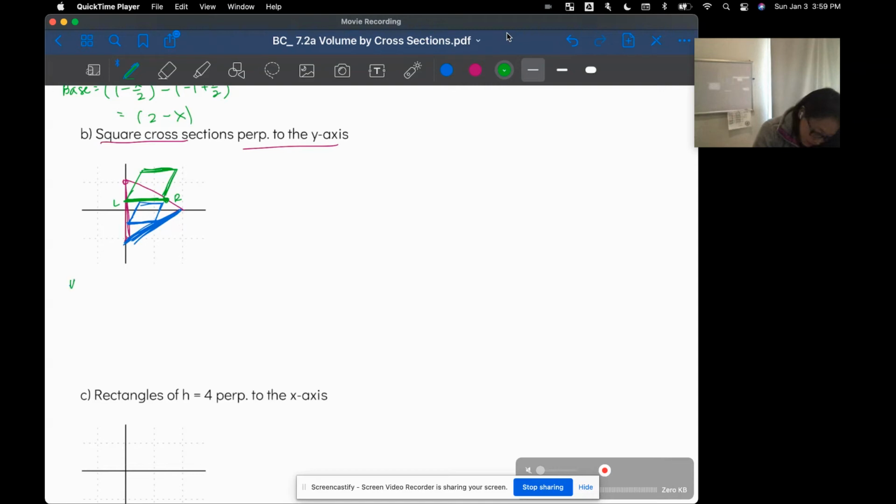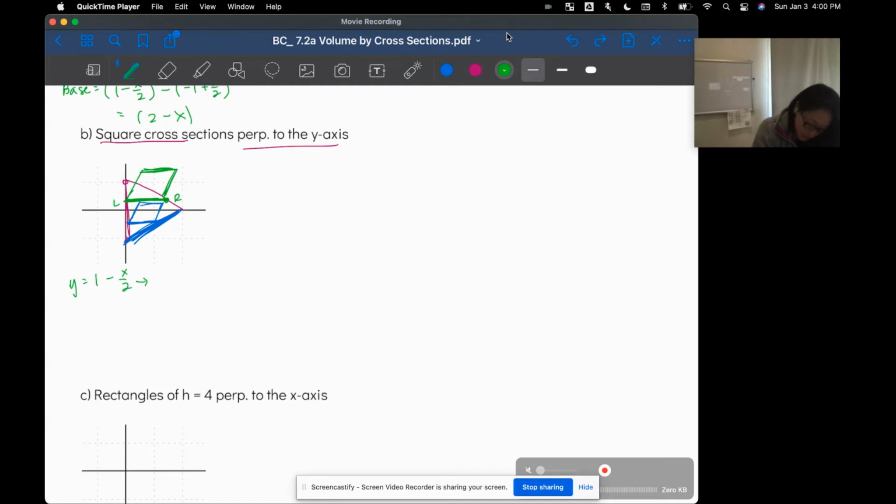Here we go. I get y is equal to 1 minus x over 2. And what I need to do is solve for x. Let's just do this the long way.